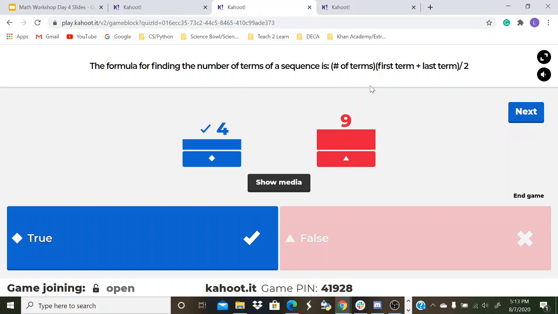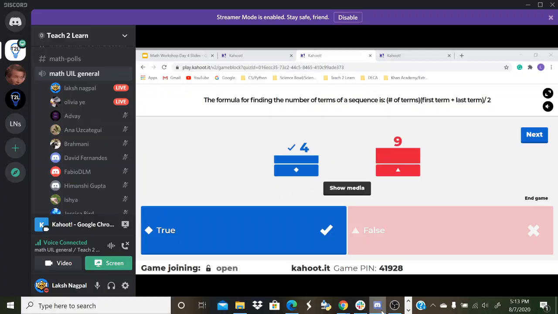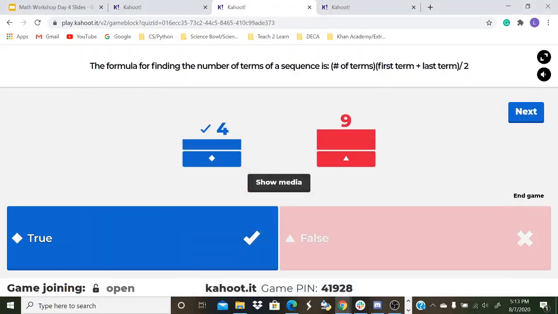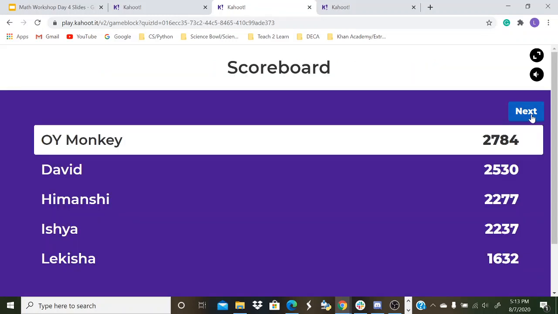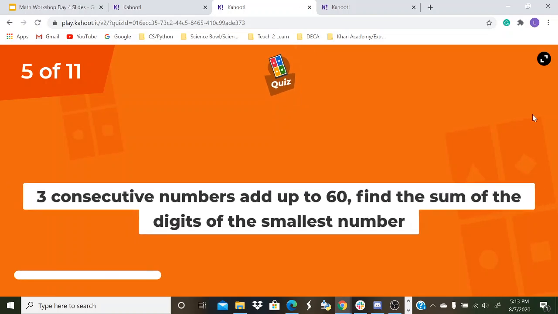So it is true because you need the number of terms times the first and the last, or the number of terms times the first term plus, isn't it minus the last term? Oh, this is the sum of the sequence. Yeah. Oh shoot. The minus 1 is to find the number of terms, so this is the sum. Sorry guys. It froze again. Oh, there we go.